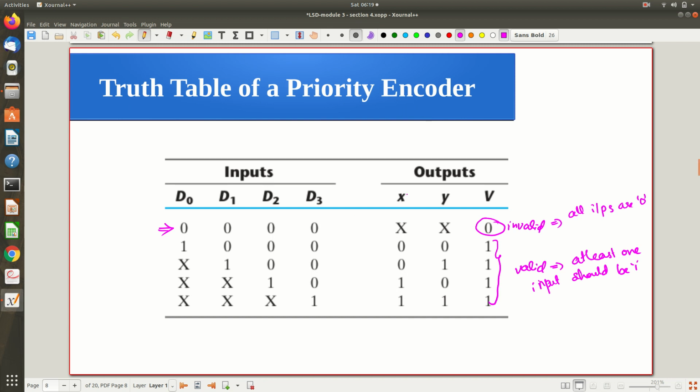Here this x and this x correspond to don't cares. But what about this x? These are not don't cares. This actually has the same meaning, 0 or 1, used to give a compact truth table.